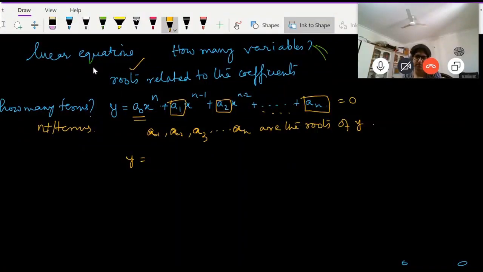Okay, let us look at a simpler equation. y equal to x^2 minus 3x plus 2. How can we get the roots? By middle term splitting, we can.